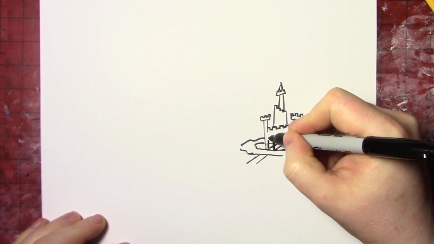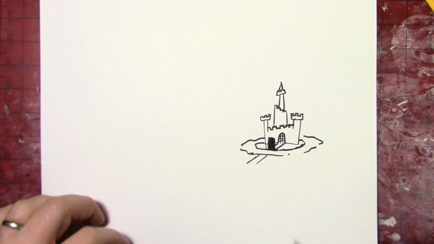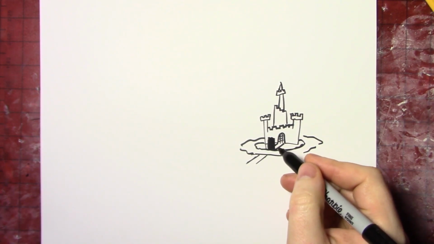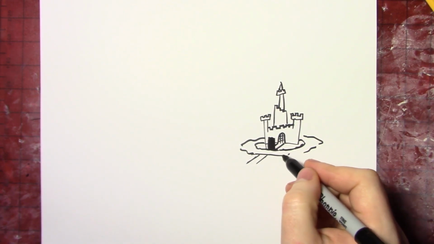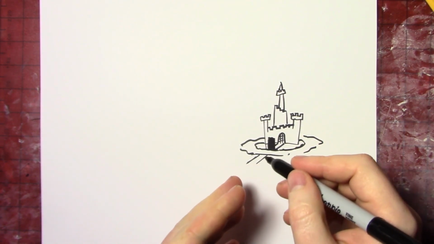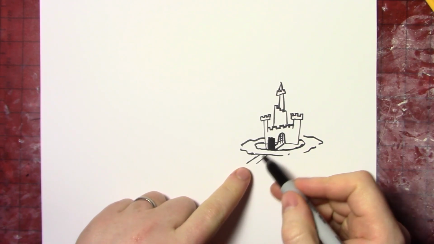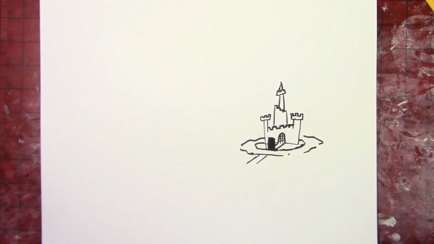So I'm going to just draw basically a rectangle coming straight up, because that's going to be one of the challenges that our epic heroes have to face as they go towards the castle. It'll be the last test, how do they get the drawbridge down so they can enter the castle.